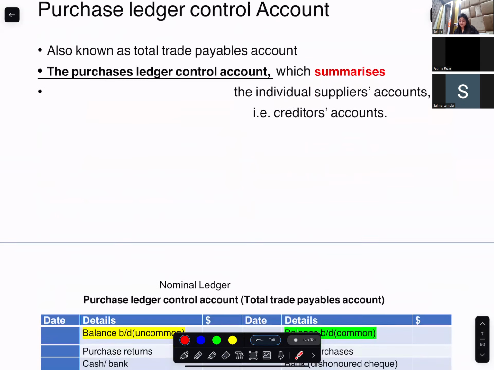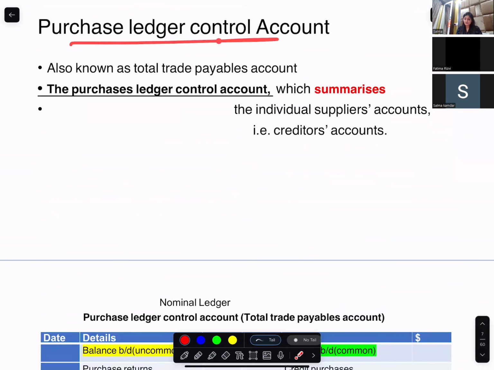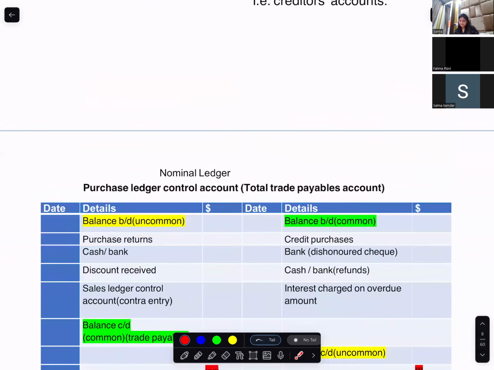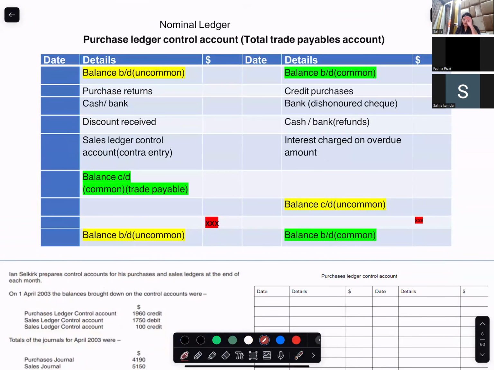Now, the purchase ledger control account resembles a supplier account, or your trade payable account, right? Suppliers have what balance? Credit balance.